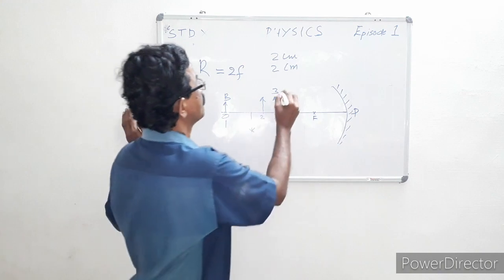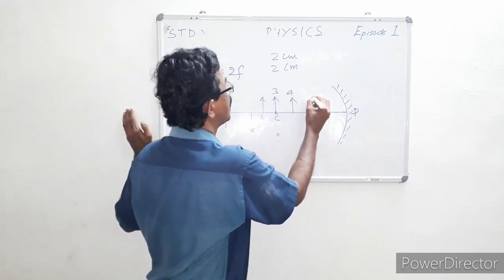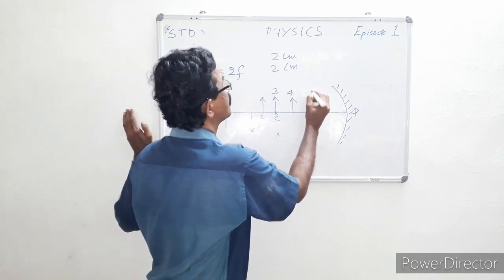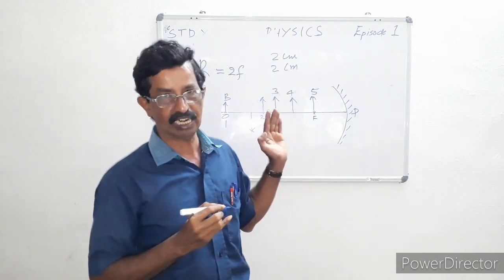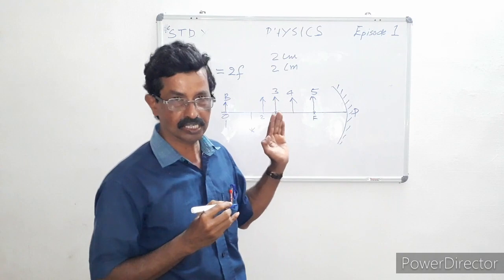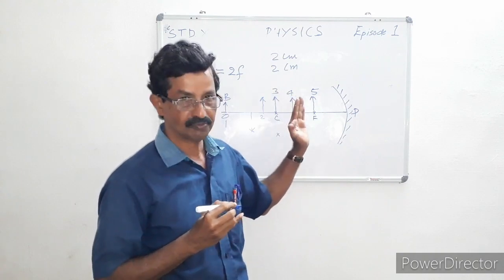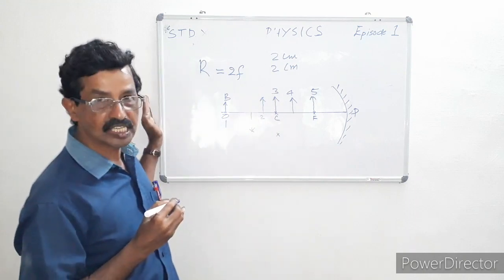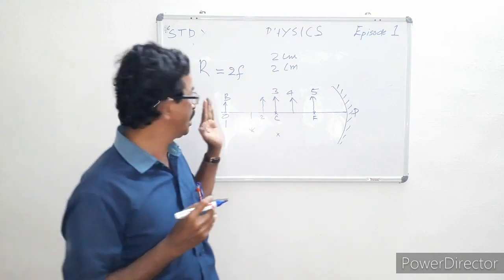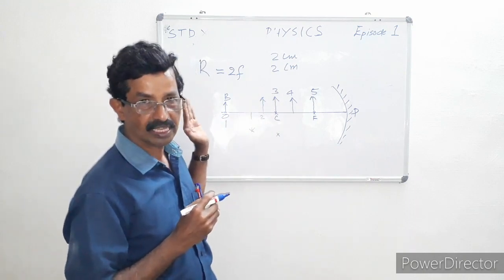Again we are placing the object at F. Now the object, for example a lighted candle, is at the principal focus or at F. Now we get the image at a very large distance, that means normally at infinity.